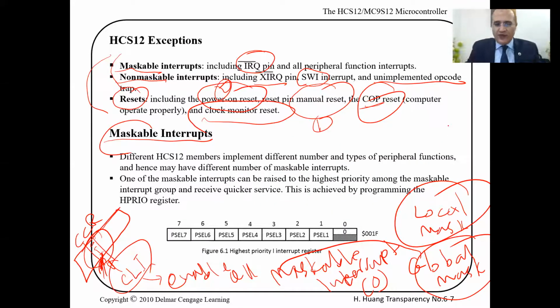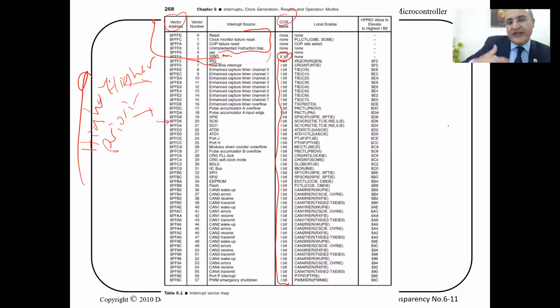But you have the choice to pick any maskable interrupt and raise the priority of this interrupt. For example, the SPI2. If you think in your application this should be the higher priority, you can raise it and make it the highest priority, regardless of its address.